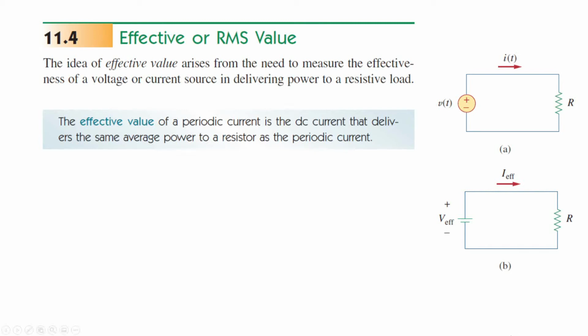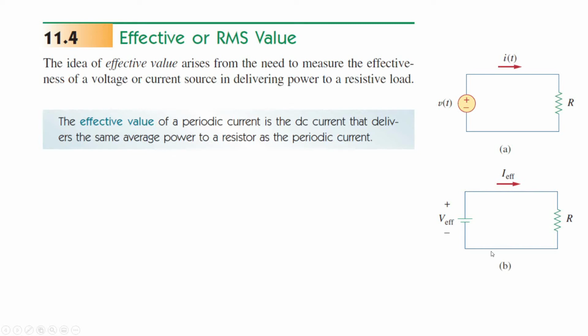What it means is, if we have an AC source that is connected to a load of resistance R, and we also have a DC source that is also connected to a load of resistance R, then this DC current can be termed as an effective value of this AC current if and only if the power delivered by this DC current to this load of resistance R is equal to the average power delivered by this AC source to this load of resistance R.